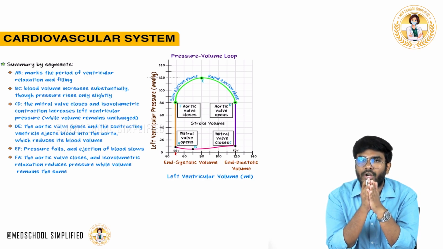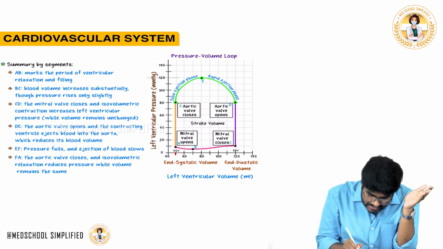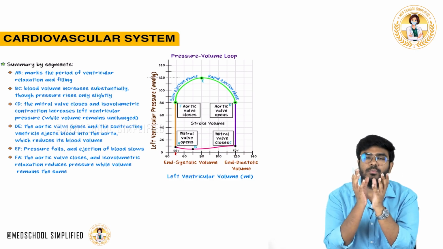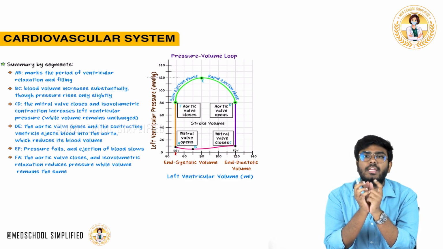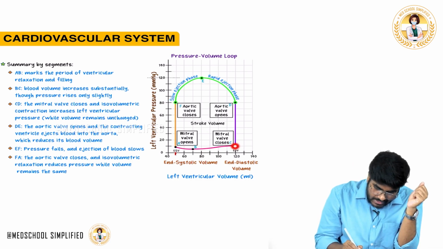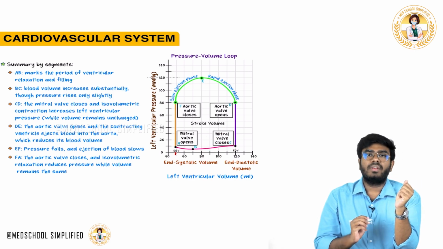So the mitral valve has to close here. That is why at point C the mitral valve is closing. When the end diastolic volume reaches 120 ml and the ventricle starts to contract, the mitral valve immediately closes.